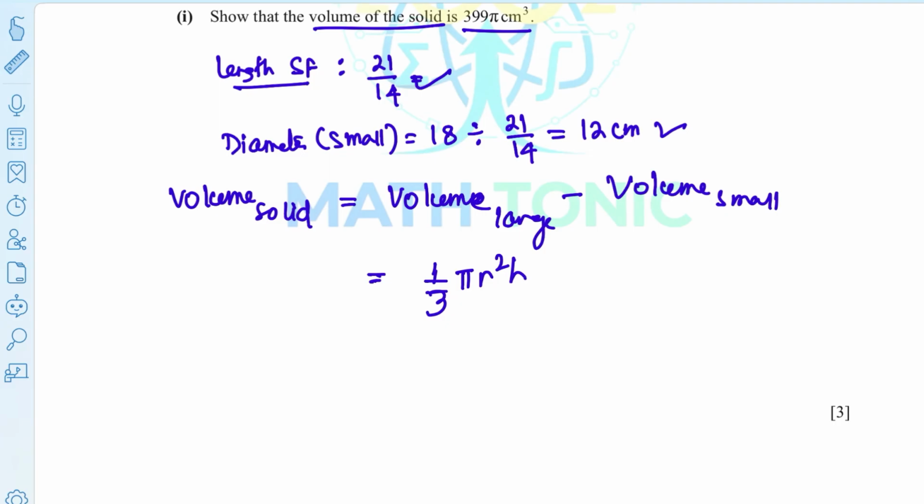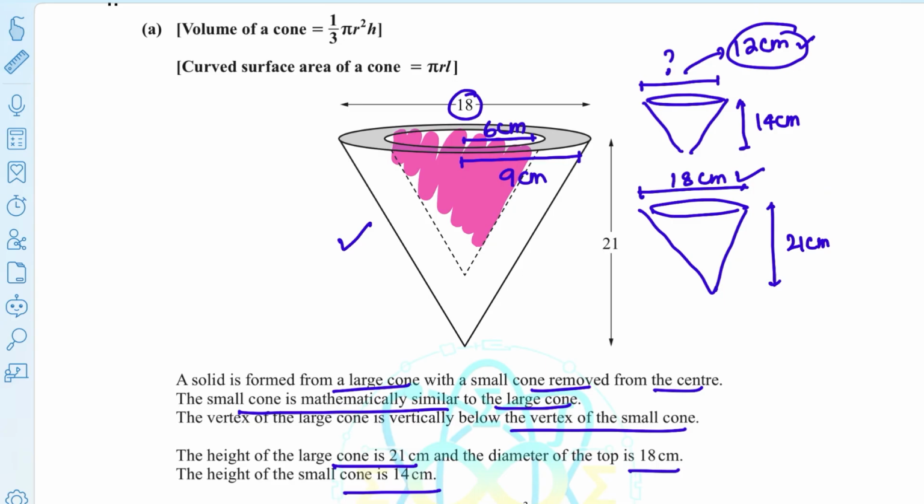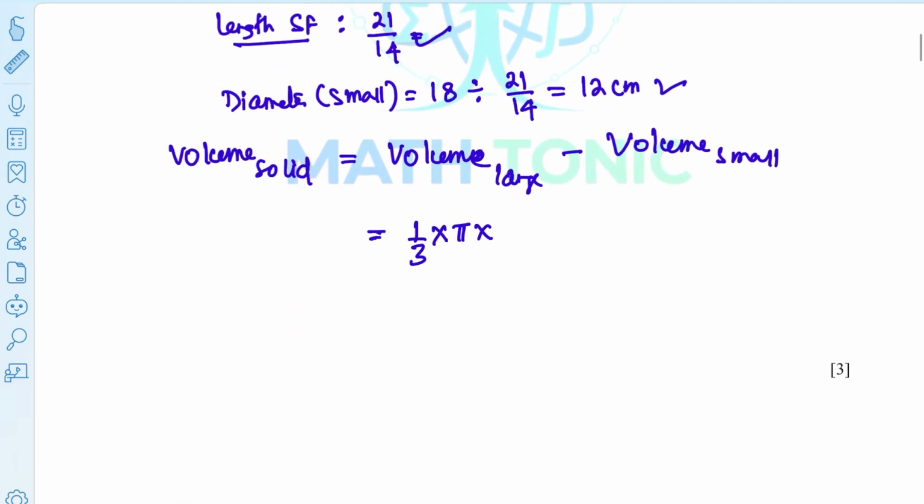So I'm directly putting the values here. 1 over 3 times pi times 9 squared, since the radius of the larger cone is 9 centimeter, times the height 21, minus 1 over 3 times pi r square h. For the smaller one, the radius is 6, so 6 squared, and the height is 14.